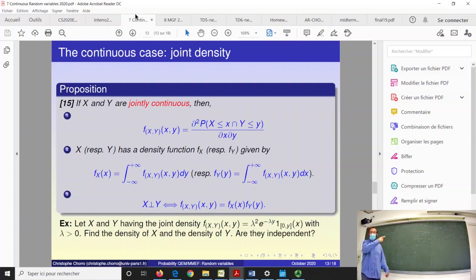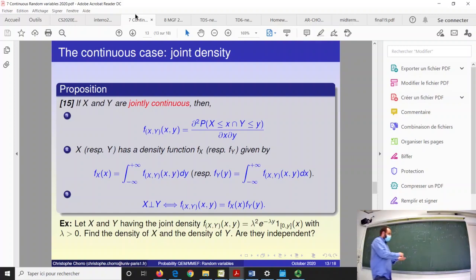So if I want to make the density of an exponential of parameter y, I can multiply by y, and then I also have to divide by y to be sure I have what I want.